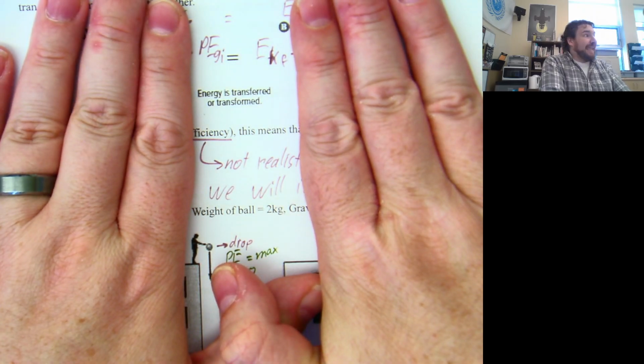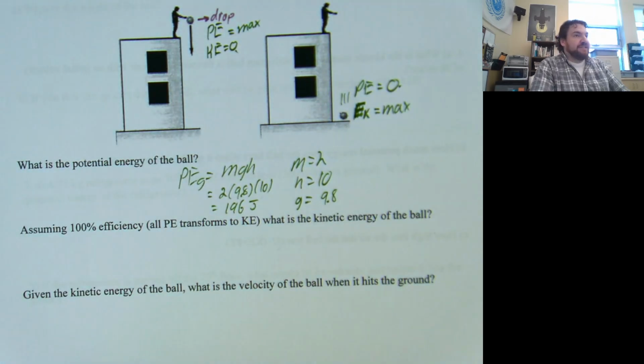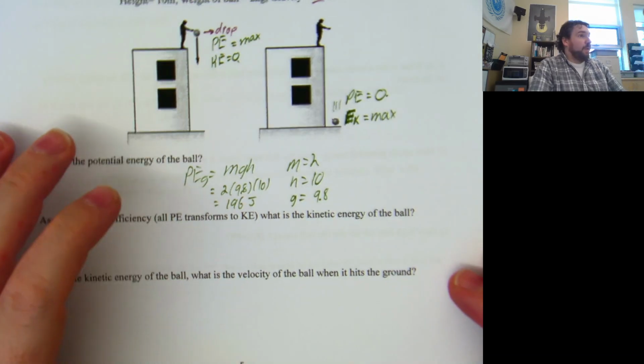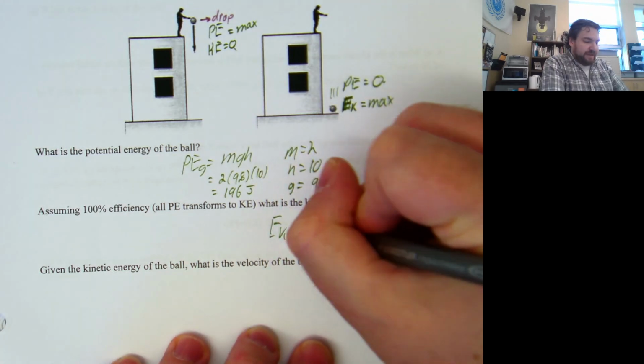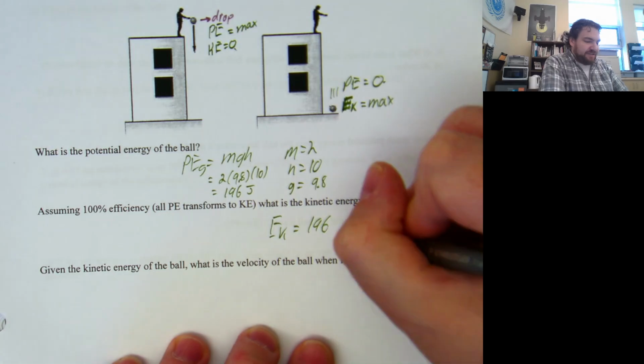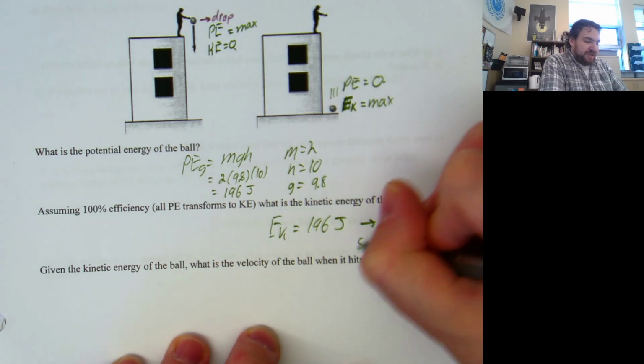So, without doing any more math, how much kinetic energy does the ball have the instant it hits the ground? It's got to be the same as the potential energy it started with, 196. So the kinetic energy here is going to be 196 joules, all of the starting potential.